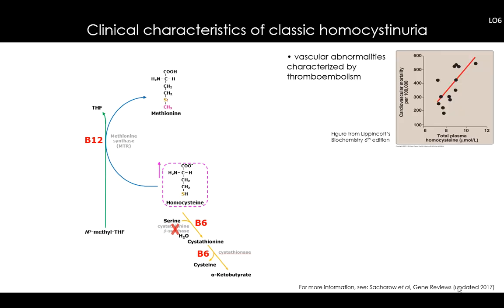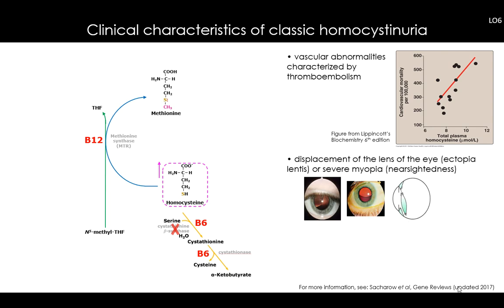This slide shows the clinical characteristics of classic homocystinuria caused by cystathionine beta synthase deficiency. These include vascular abnormalities characterized by thromboembolism. As shown in the graph, increases in total plasma homocysteine directly correlate with cardiovascular mortality.